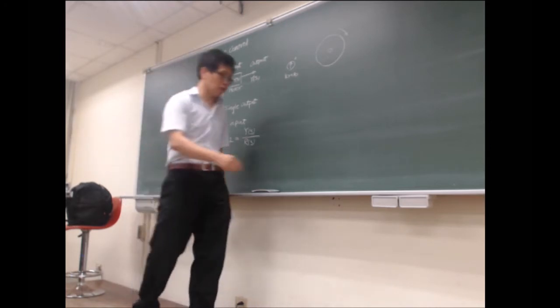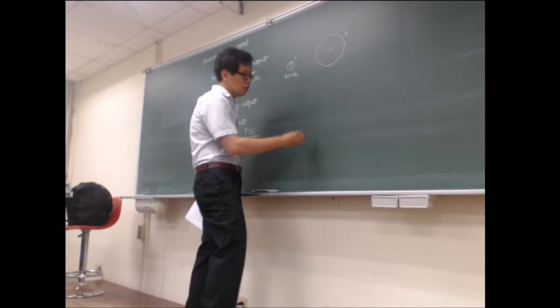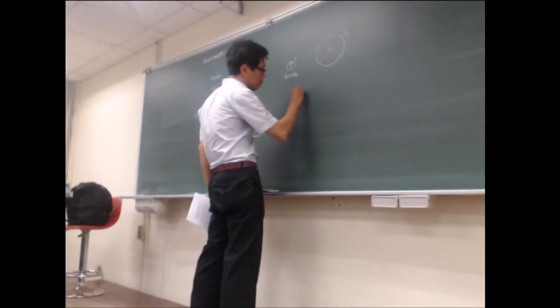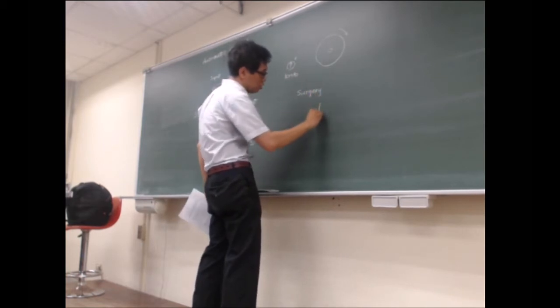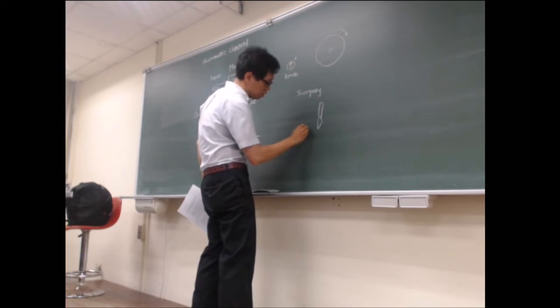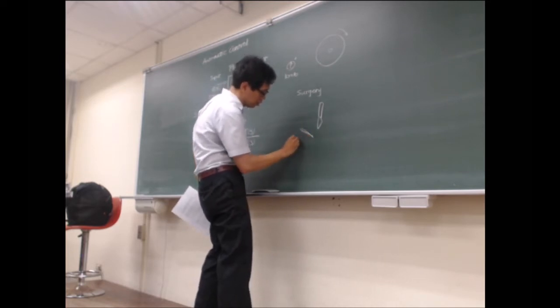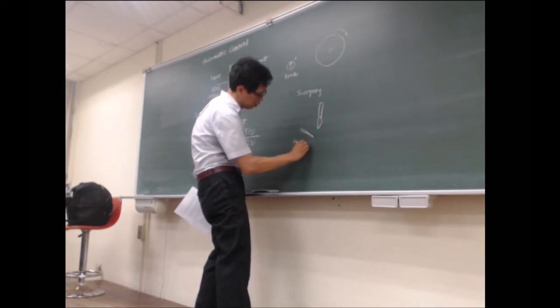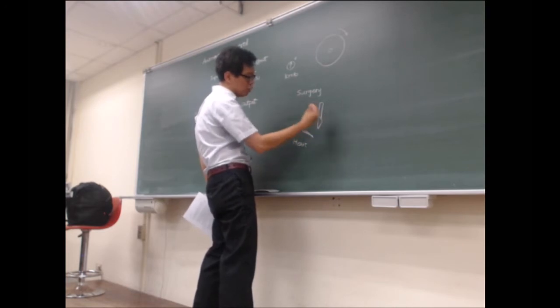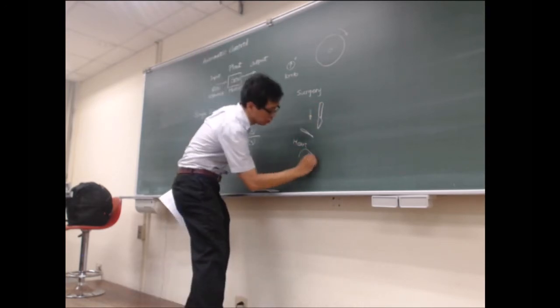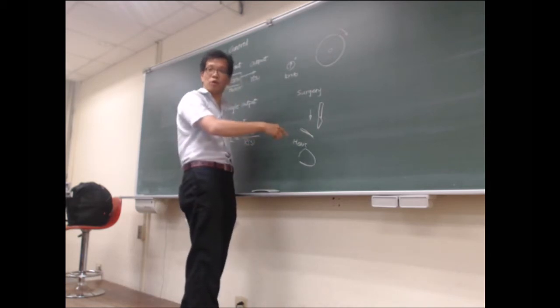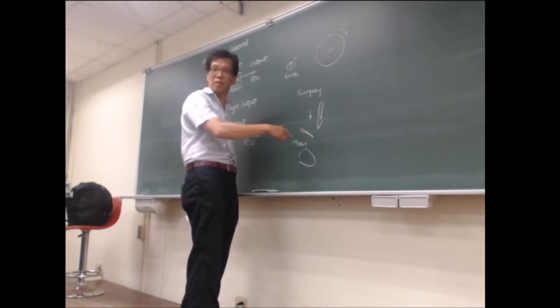Why? Because if this motor is used for surgery, and this surgery is using a knife, and this is open heart. Okay, so we say this one is going to move downwards, and the heart is over here. And you have overshoot. What happened? You kill the guy right away.